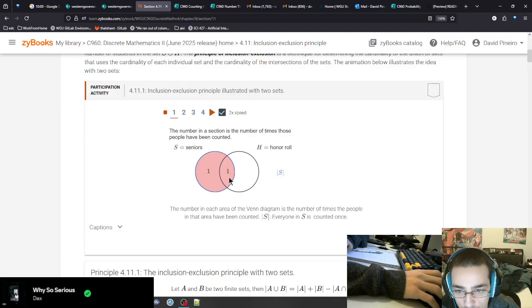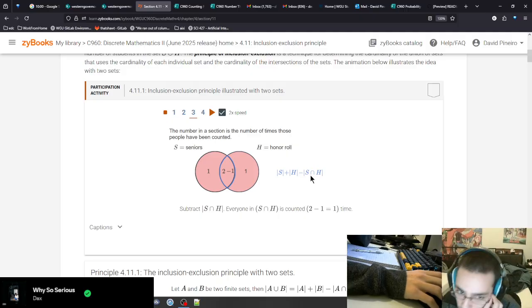Which makes sense. And then the seniors, oh, there's like seniors in honor roll, so they get counted again. So it's this and this minus the double count. That makes sense, right?